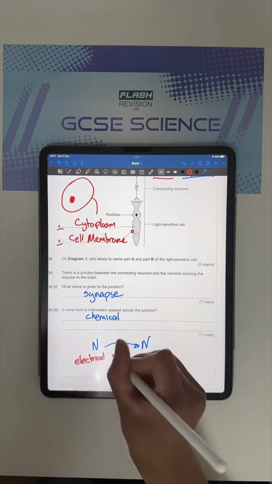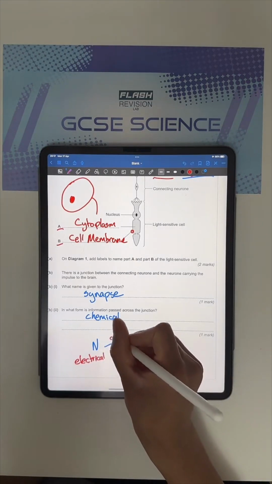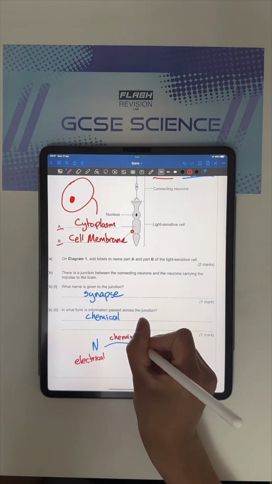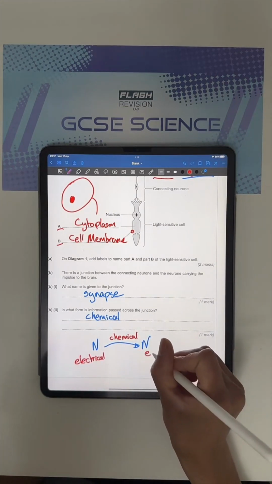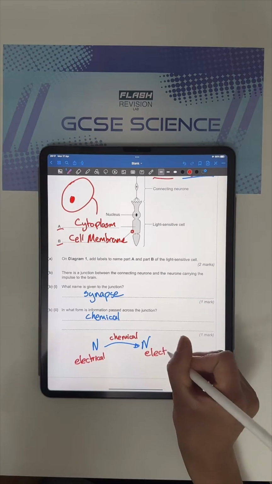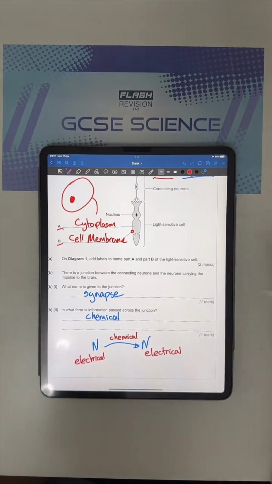So this is during the neuron, it's an electrical impulse. Through the gap, it diffuses as a chemical. And then once it gets to the next stage, it goes back to an electrical impulse. So this particular question was asking across the gap, across the junction. Hope that makes sense.